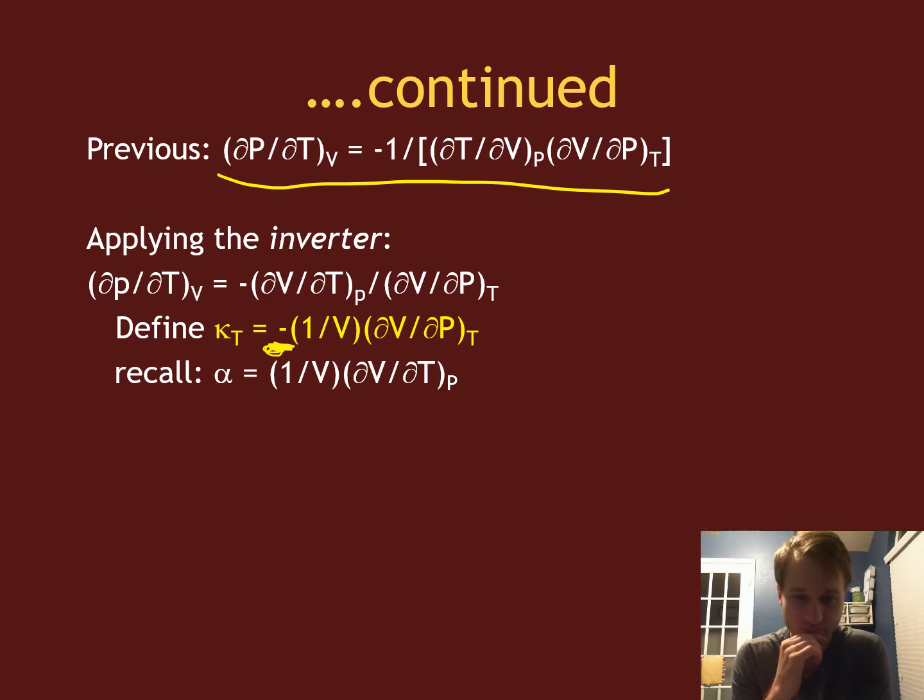This negative sign is necessary because of the inverse relationship between volume and pressure, to make kappa sub T a positive quantity, because that derivative del V del P is typically a negative value, and so isothermal compressibility should be positive.